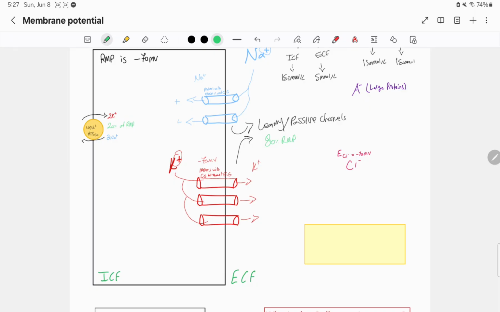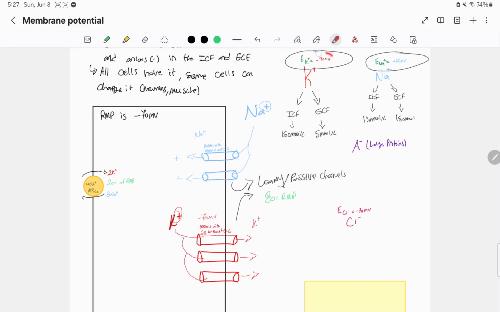Why is it that you might say that? Well, look at it like this. More potassium channels means more potassium will move out of the cell, just passively. It'll just keep leaking out of the cell, and it'll keep bringing us to that negative 90 millivolts. But potassium's not acting alone here. Sodium exists.